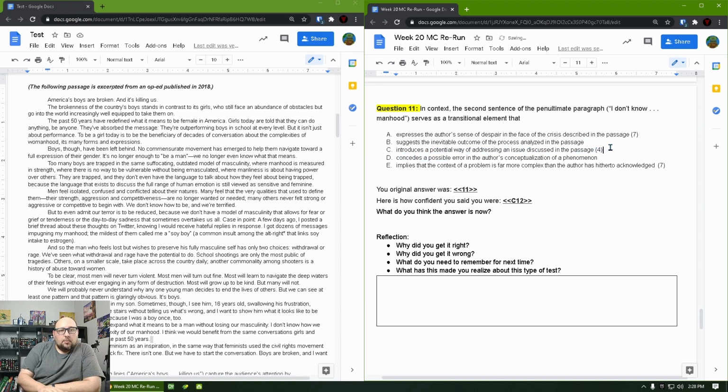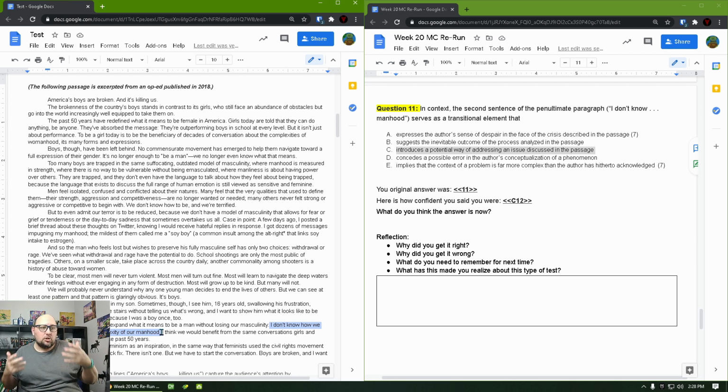C, only 4 people picked C. Introduces a potential way of addressing the issues discussed in the passage. Remember, this is a transitional element. For this to be true, what it would mean is that when he says this, he's transitioning to, here's maybe a way to do it.